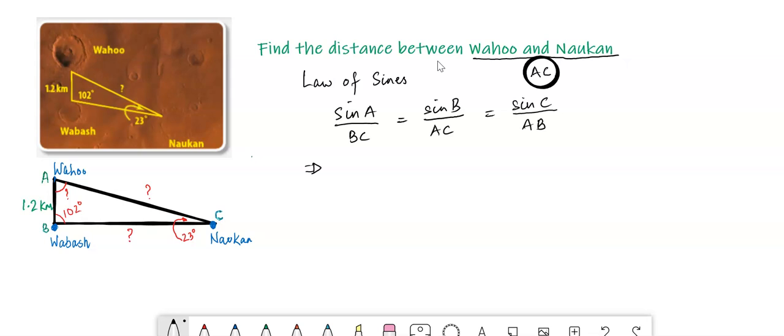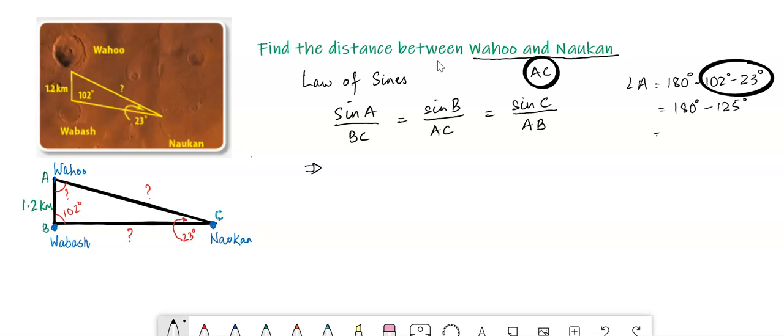So let's first find the angle A. Angle A here is going to be 180 degrees minus 102 degrees minus 23 degrees. 102 and 23 combined together are 125 degrees.